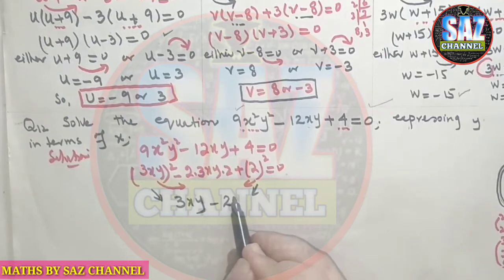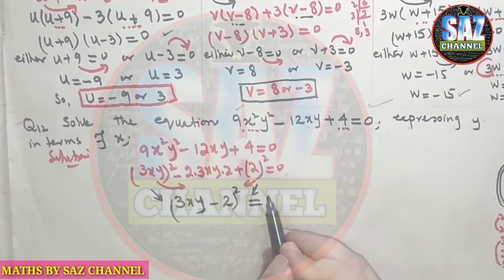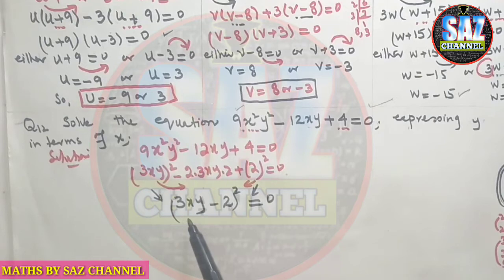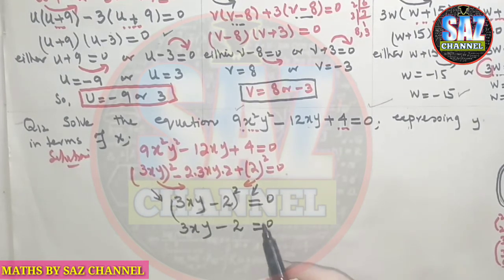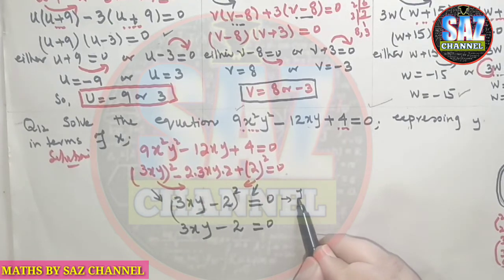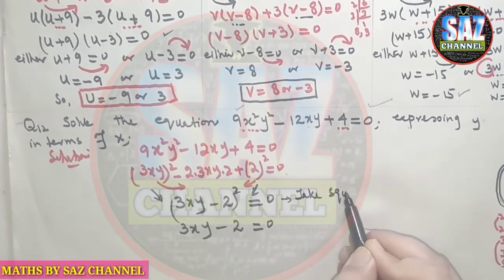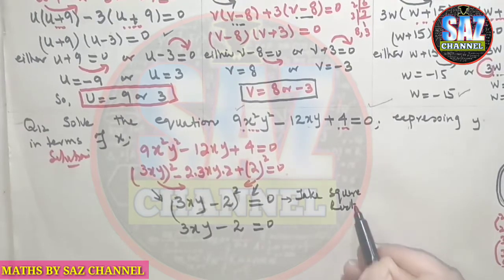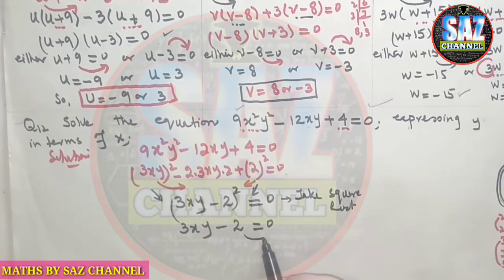3xy minus 2 whole square equals 0. In order to get the value of the variable, I have to take the square root on both sides, and when I take the square root, I will have 3xy minus 2 equals 0. Now I have to shift this 2 to the other side. 3xy equals 2 and y equals 2 by 3x.